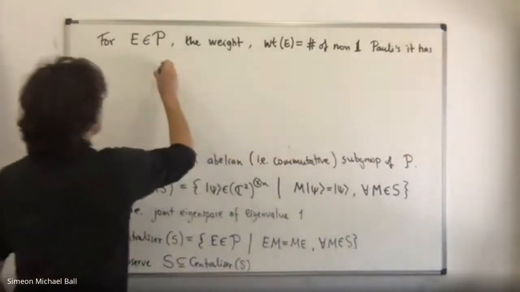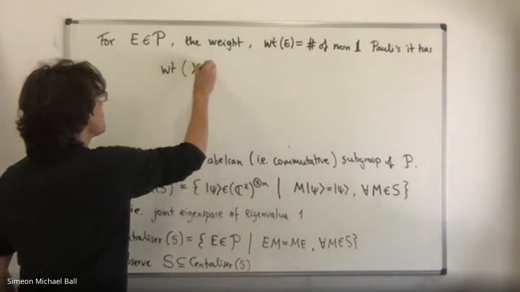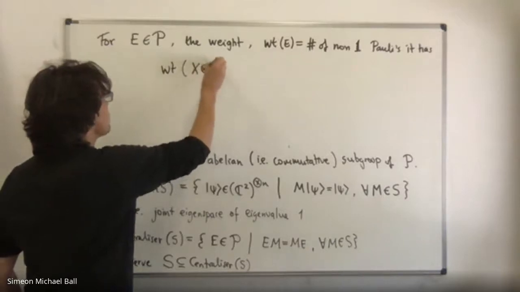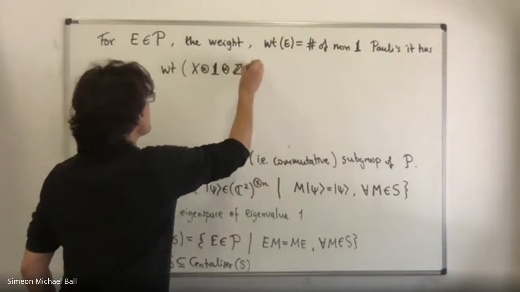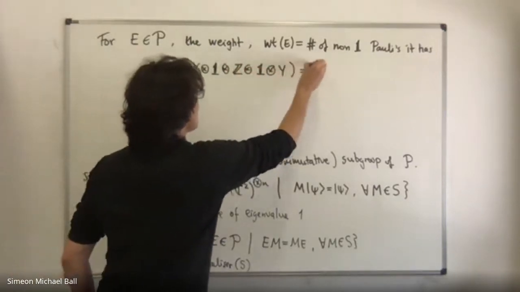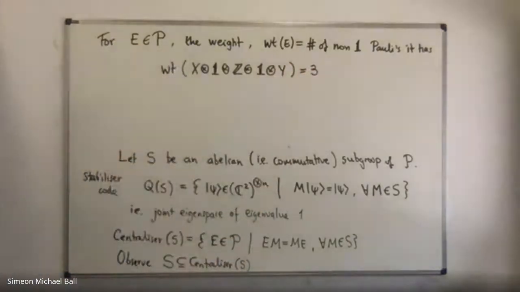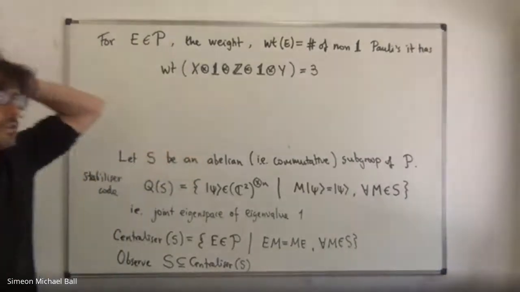So the weight of, say, X tensor 1 tensor Z tensor 1 tensor Y is 3, since it has three factors, the X, the Z, and the Y, which are not identities.